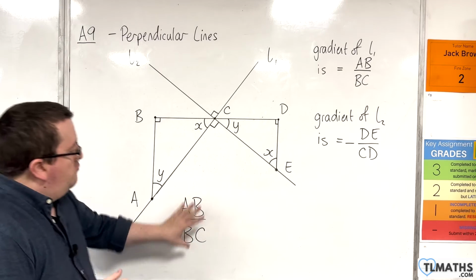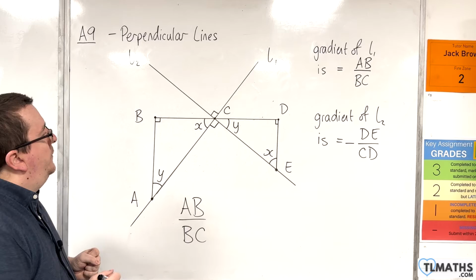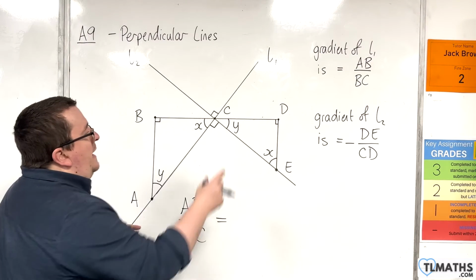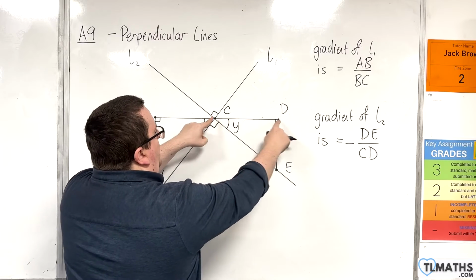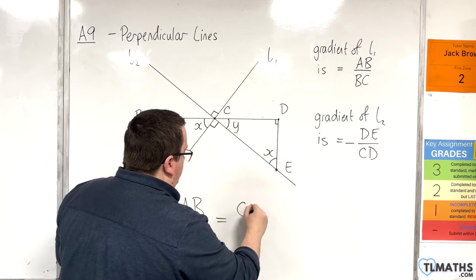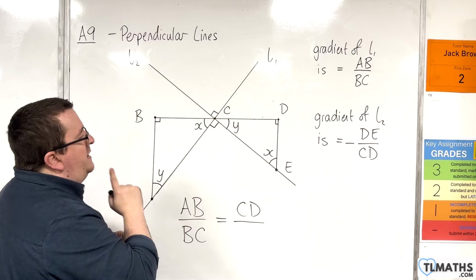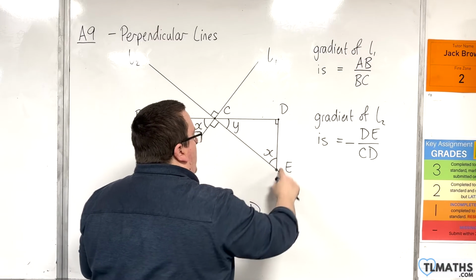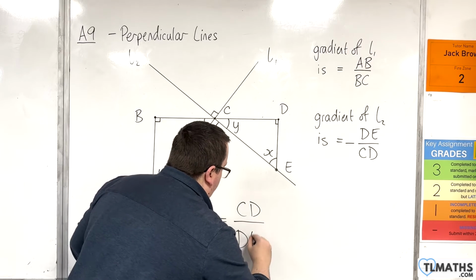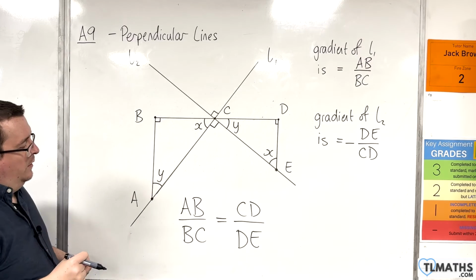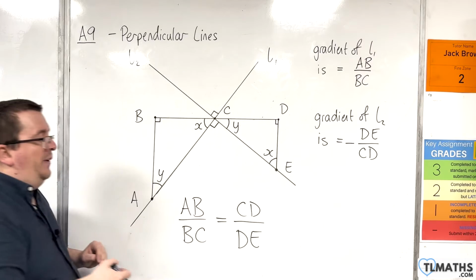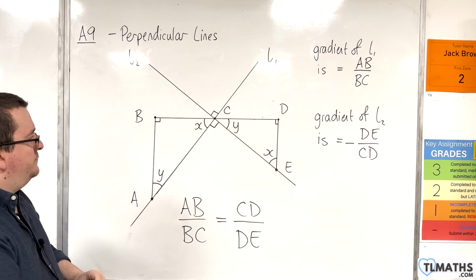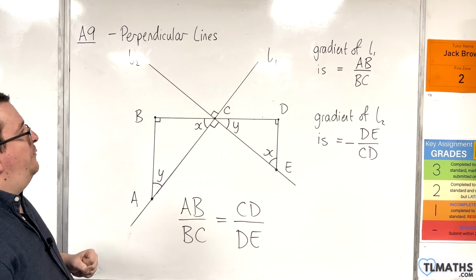Okay, that ratio of side lengths must be the same as the side that is opposite the x here, CD, divided by the length that is opposite the y here, the DE. So these have to be the same because of them being similar triangles. But where have I seen this before?